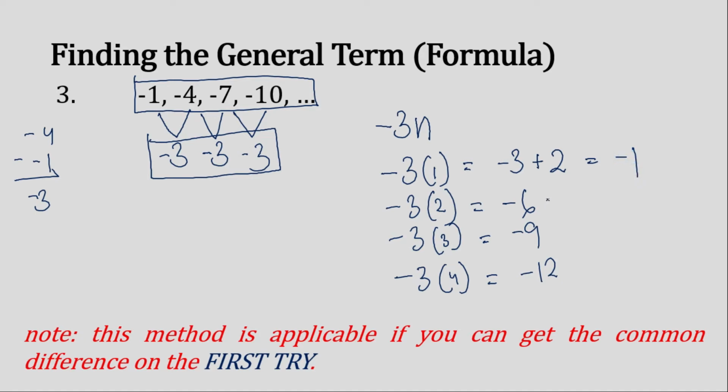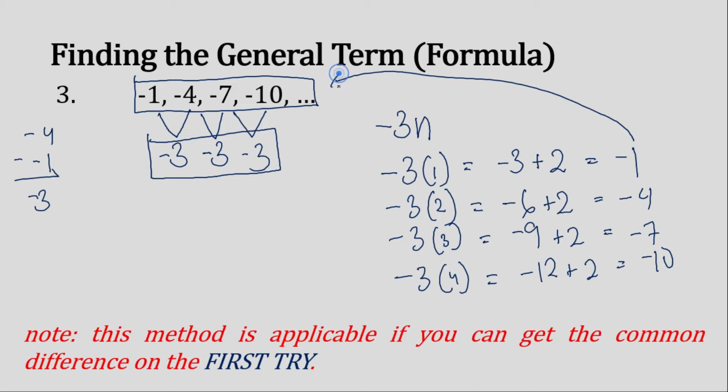Same as well with -6, we should add 2 to make it -4. We should add 2 to -9 to make it -7. And we should add 2 to -12 to make it -10. Now we have the same numbers as the given sequence. We have the same terms as the given sequence.